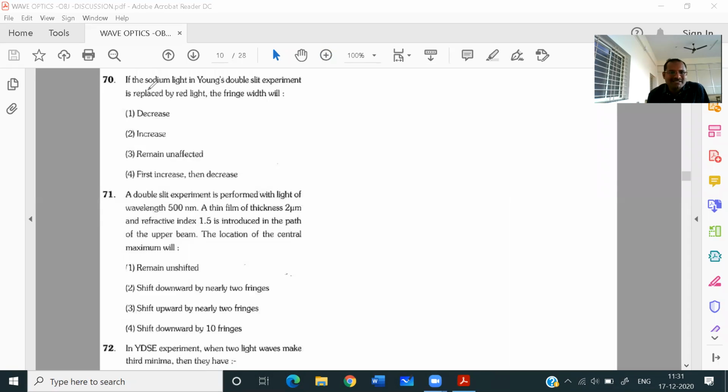What is sodium light? Sodium light is nothing but yellow color light. Remember the point. Now what they are doing: sodium light in double slit experiment is replaced with red light, then fringe width. Sodium wavelength means yellow color wavelength.